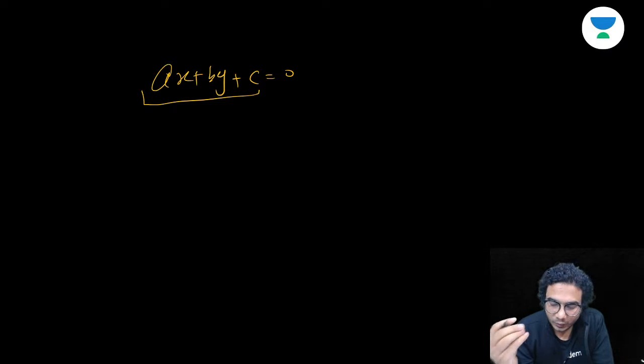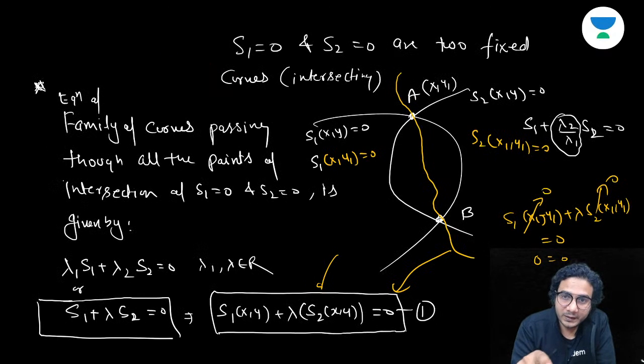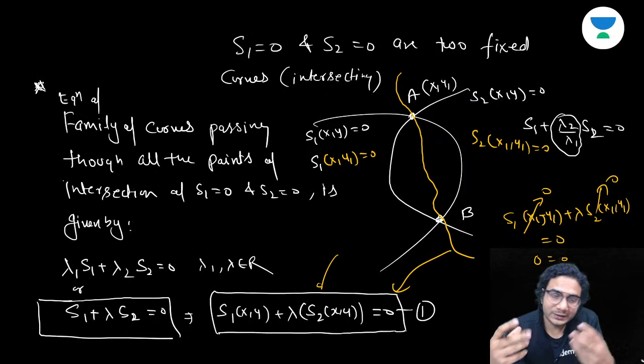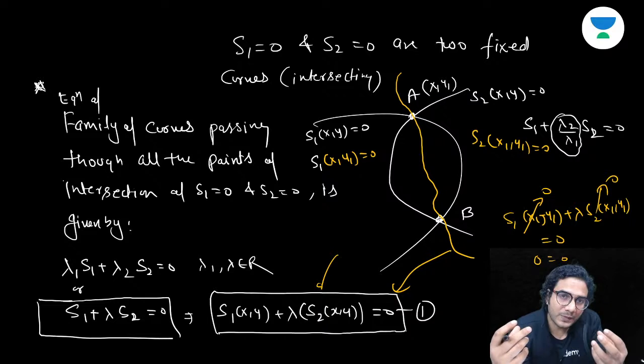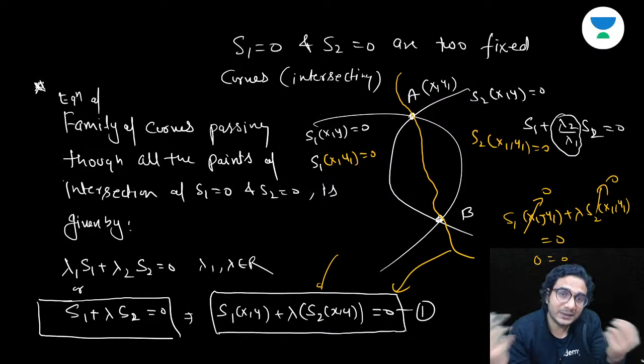So if you are adding equations of two lines, even by multiplying them with some parameter, you'll get a line only. That's why we call it a family of lines. See, in the previous one, I was saying family of curves. If you have two parabolas and you add them, S1 plus lambda S2, you can't call it a family of parabolas, because it can be a circle also.